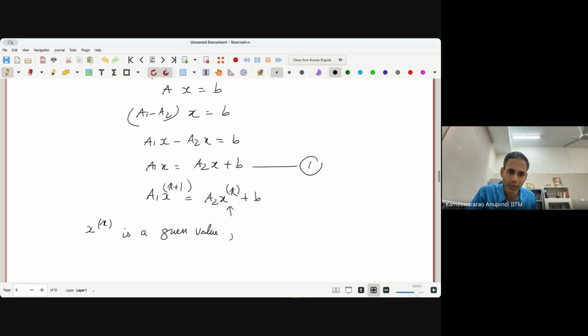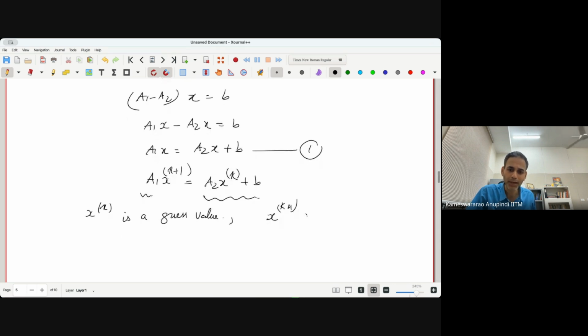We substitute for xk, and then A2 xk plus b is known because A2 is known, b is known, and A1 is easy to invert. So I can calculate xk plus 1, which is simply A1 inverse A2 xk plus A1 inverse b. Then I can use xk plus 1 in the same equation to calculate xk plus 2.